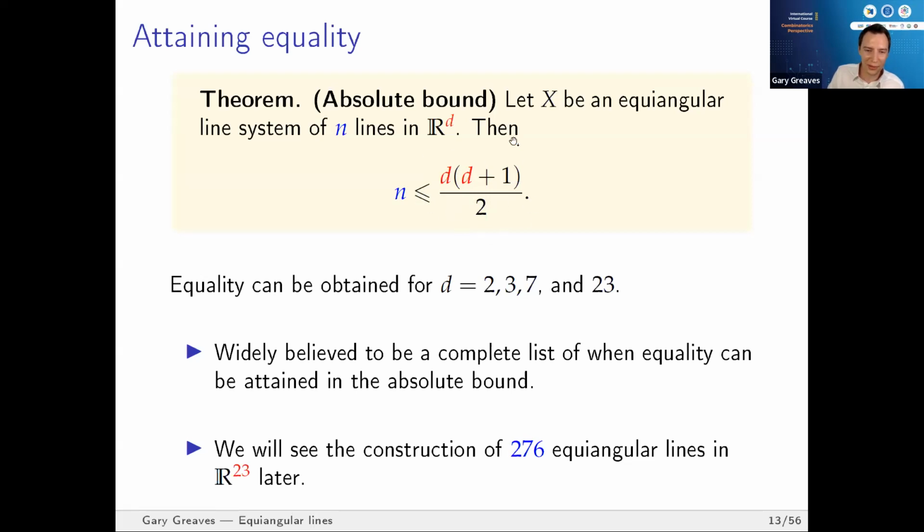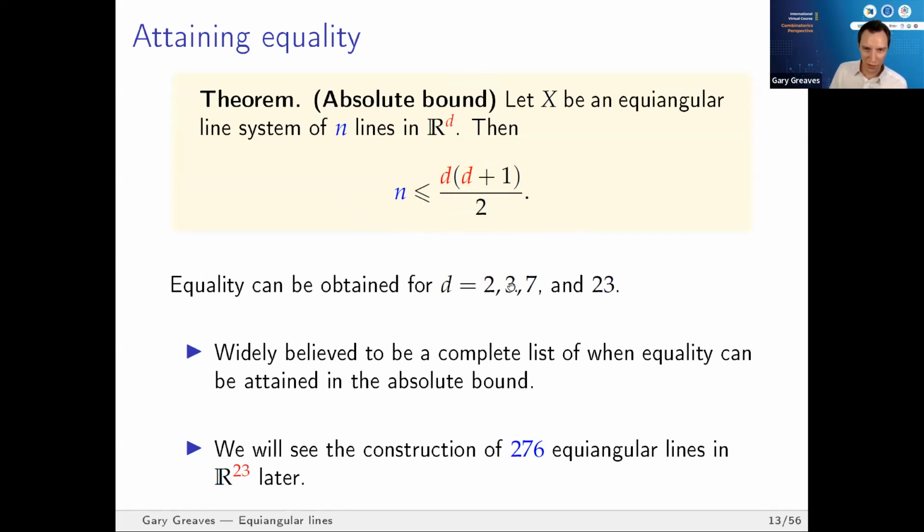So the absolute bound says 3 is the best you can do in dimension 2. And we know that we can get 3 lines in dimension 2, and therefore we attain equality in dimension 2. That immediately tells us that 3 lines in dimension 2 is the best we can do. So we solve dimension 2 immediately.